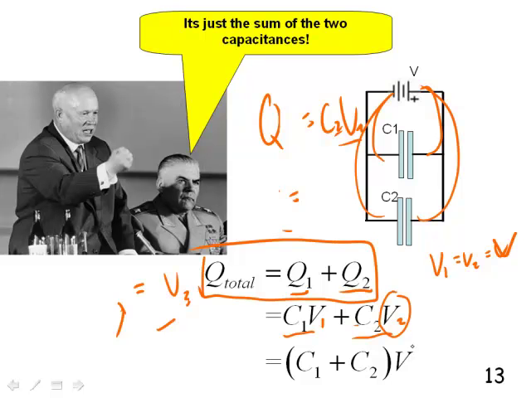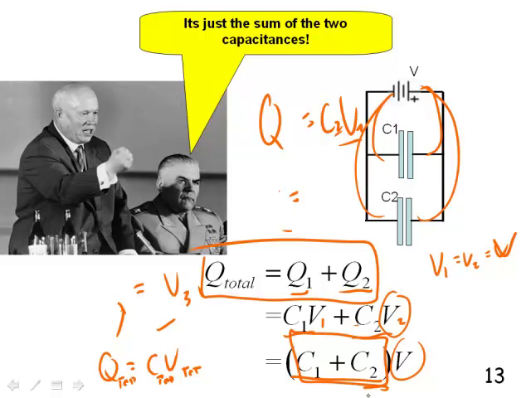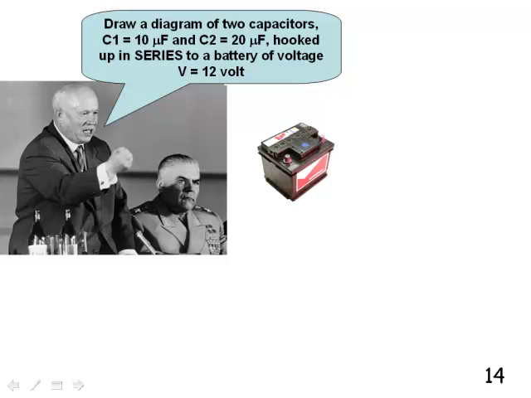So I can factor that out, and then we have the equivalent capacitance. Since we know Q equals CV, this must be Q total equals C total times V total. So this must be the total capacitance of the parallel combination of C1 and C2. So for parallel capacitors, you just add up the capacitance, and that's the capacitance of the parallel combination.